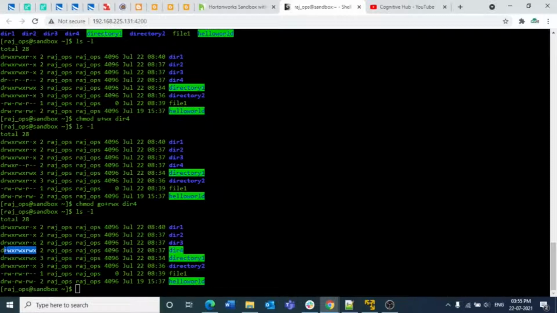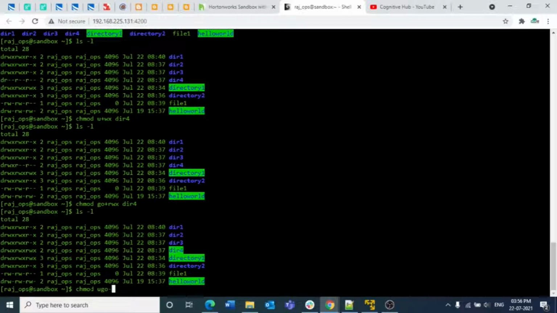Now we have seen how to add permissions to the users and groups, or only groups or only owners, but we haven't seen how to remove the permissions of the existing ones. Now consider directory 4: I want to remove execute permission from all three. So chmod, and I want to remove from user u, group g, owner o.